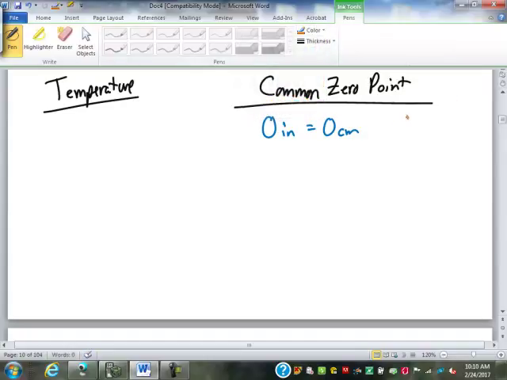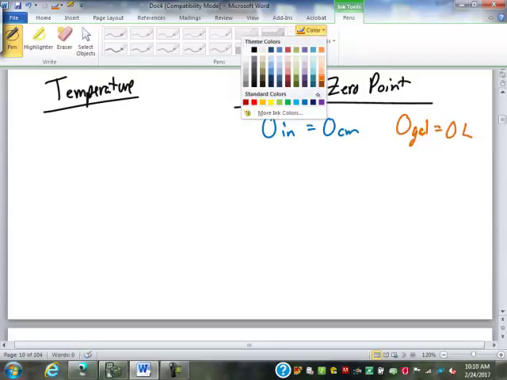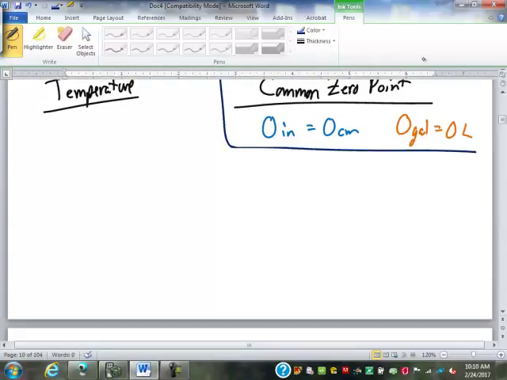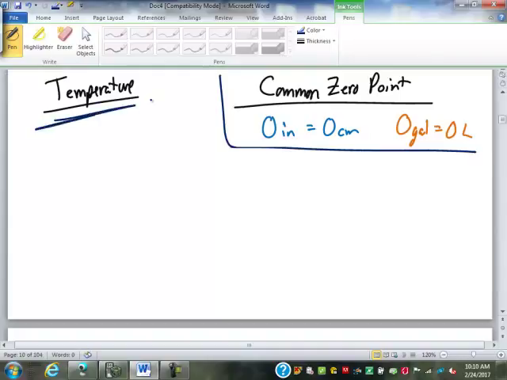Or 0 gallons is equal to 0 liters. There's a common 0 point. And having that common 0 point is what enables us to do the conversions with just the unity fraction. If we do not have a common 0 point, we cannot use a unity fraction. And temperature is a prime example of that.